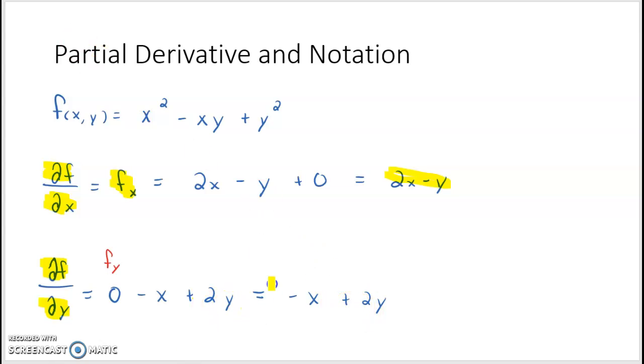Okay. At this point, notice that the partial with respect to x tells us the slope in the x direction. The partial with respect to y tells us the slope in the y direction. But even in these formulas here, if I write it out, f sub x equals 2x minus y, I need both an x and a y to be able to calculate that slope, because just plugging in an x doesn't narrow it down in the three-dimensional field.